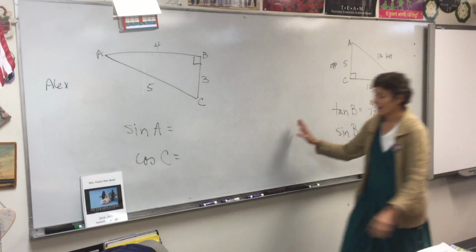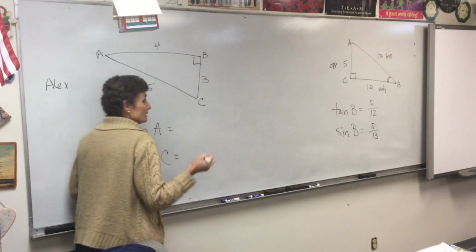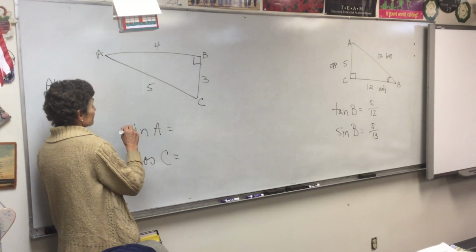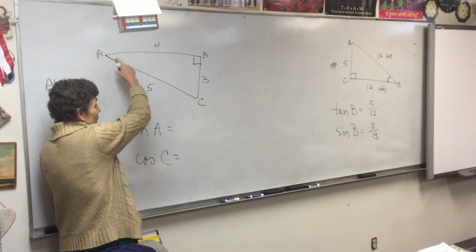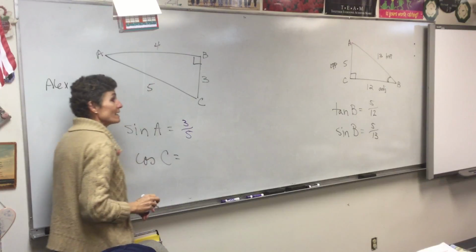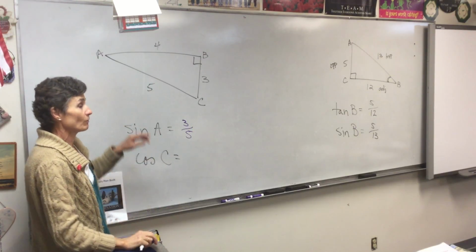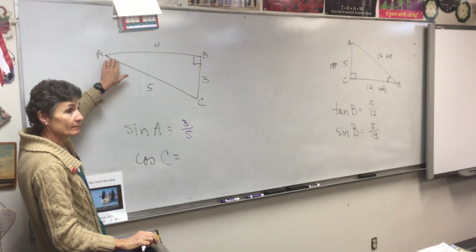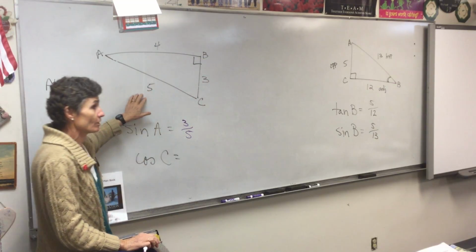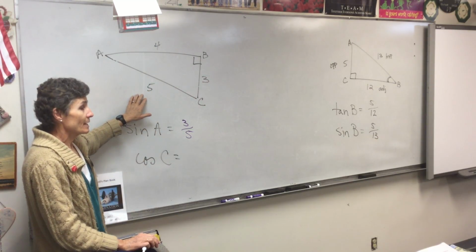This is a wild and crazy problem. What did you get for the sine of angle A? Who said 3 over 5? You're right, Bryn. It's 3 over 5. Why is the sine of angle A 3 over 5? Because here's angle A. What's sine? Opposite over hypotenuse.